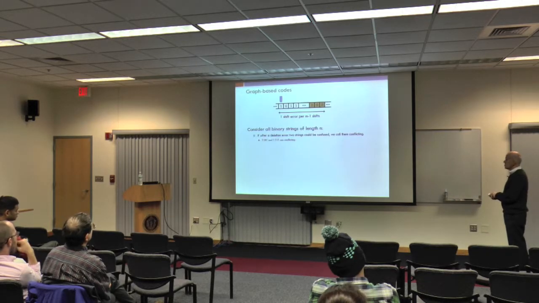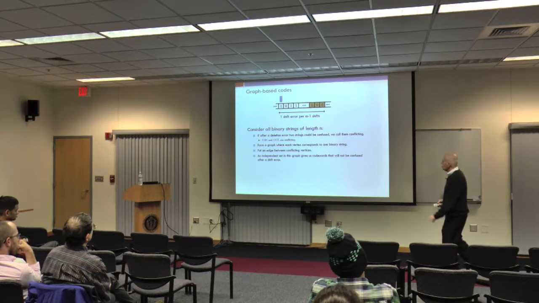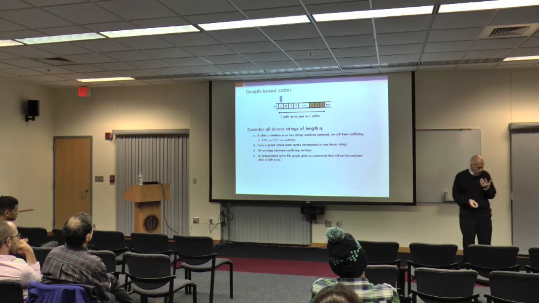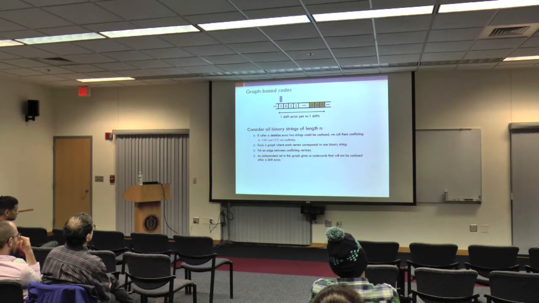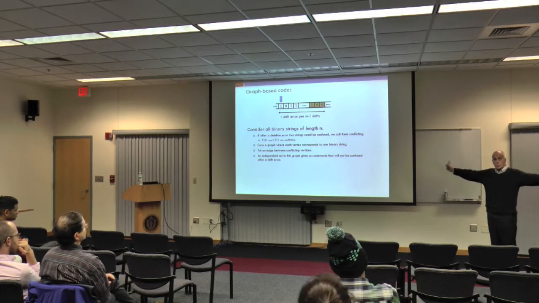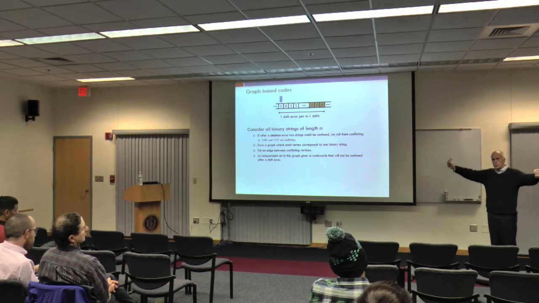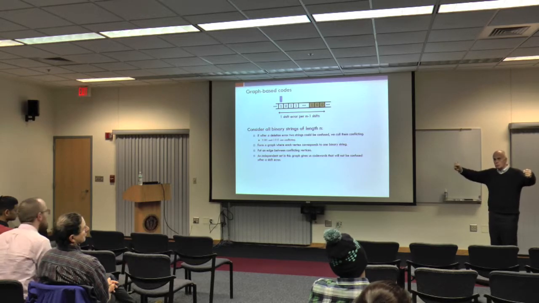So, how does this work? Now, when you're thinking about code design and you want to correct shift errors, one of the ways to think about this is to think about it in terms of a graph, right? You have these n-bit strings, and if you make an insertion or a deletion to your n-bit string, you get another one.